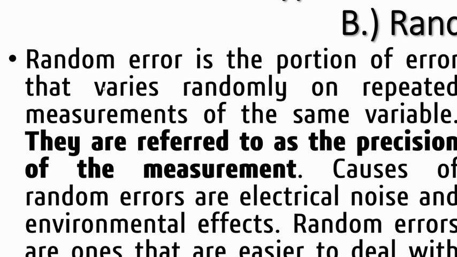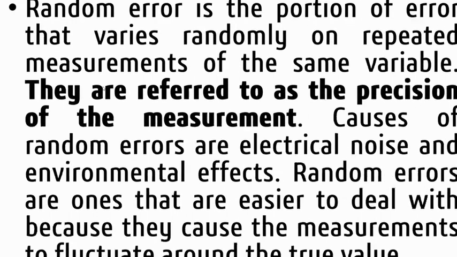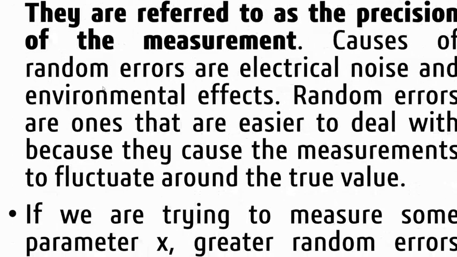Because random error is varying when you're repeating the experiment, you can call this precision. Remember, we said that systematic error, we can call it accuracy, but this one you call it precision of the measurement.